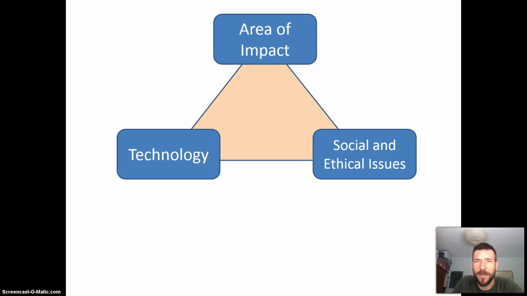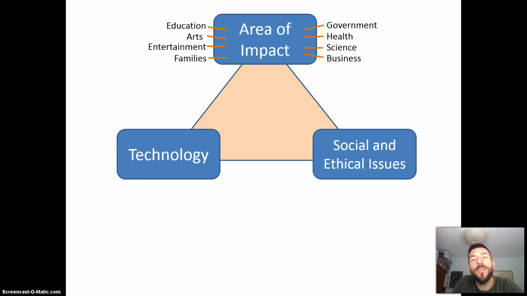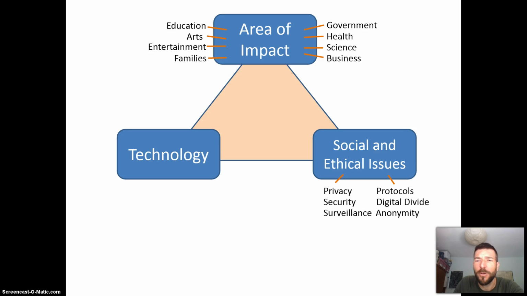So what that means is things like education, arts, entertainment, families, government, health, science, business. These are all areas where technology has impacts. And those impacts cause social and ethical issues of privacy, surveillance, protocols, anonymity, and such like.